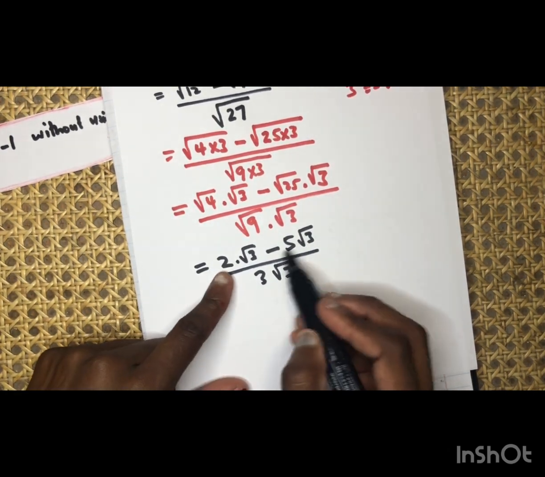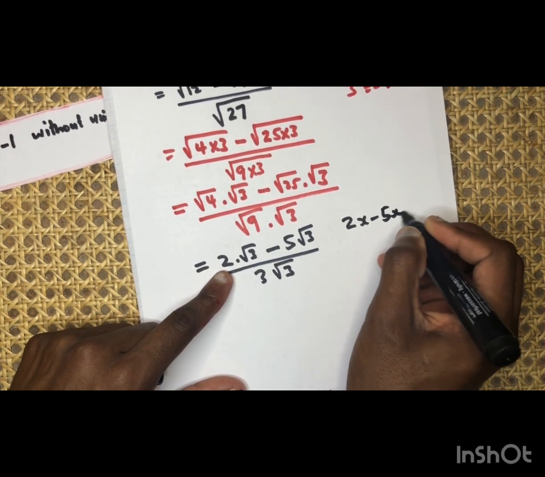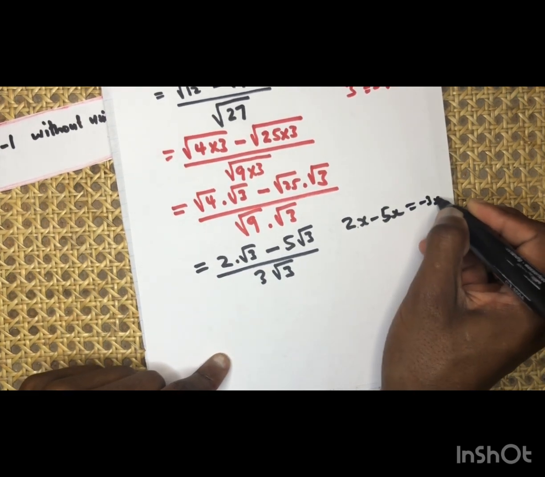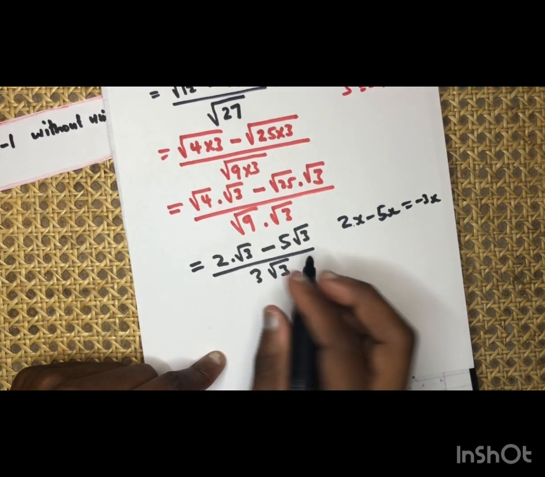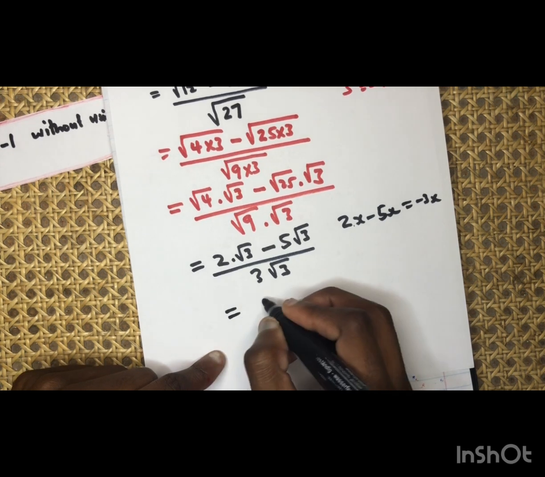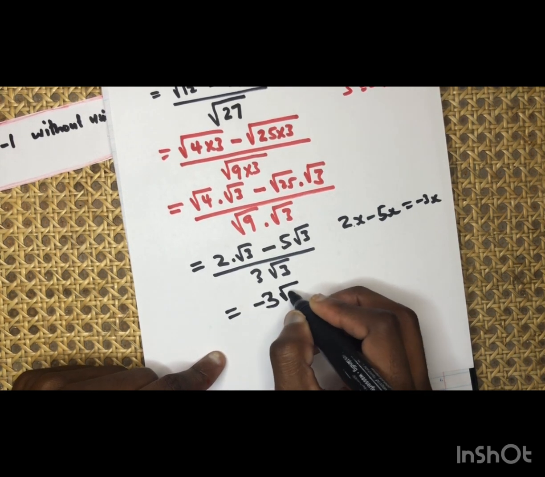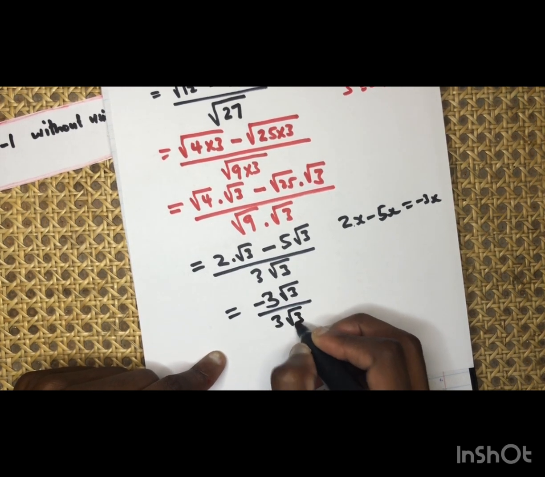So consider this one, guys, as 2x minus 5x. So 2x minus 5x will give us negative 3x. So here 2 root 3 minus 5 root 3 will give us, guys, minus 3 root 3 over 3 root 3.